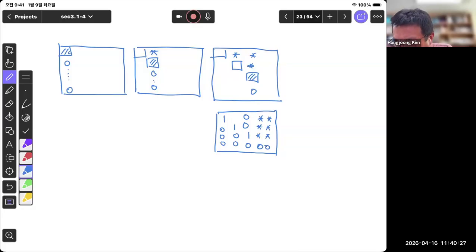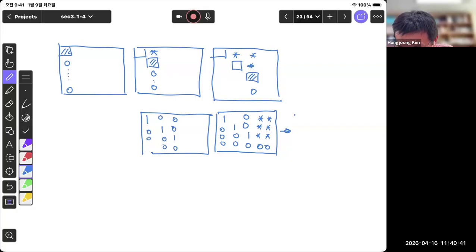And then I go to 1, 1, 1, 0, 0, 0, 0, 0, 0, 0, 0, 0. So actually I have this shape.